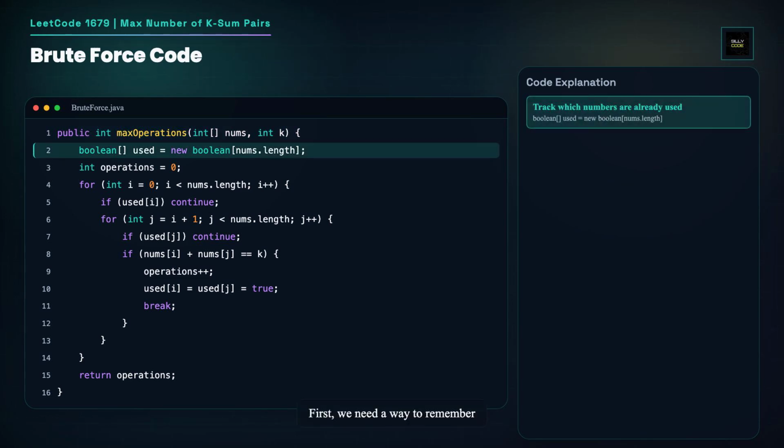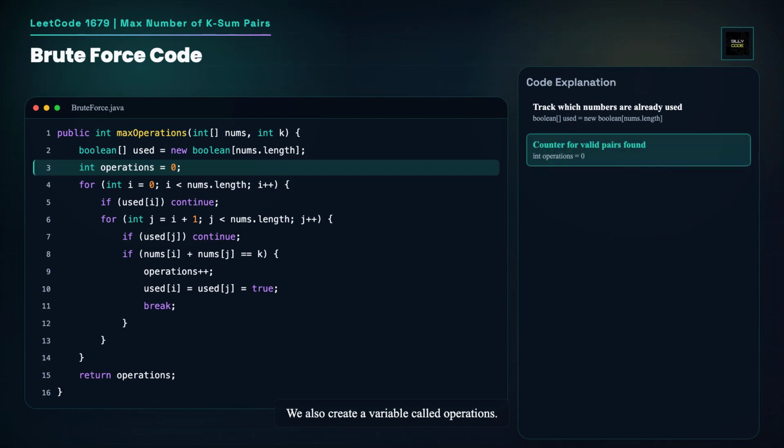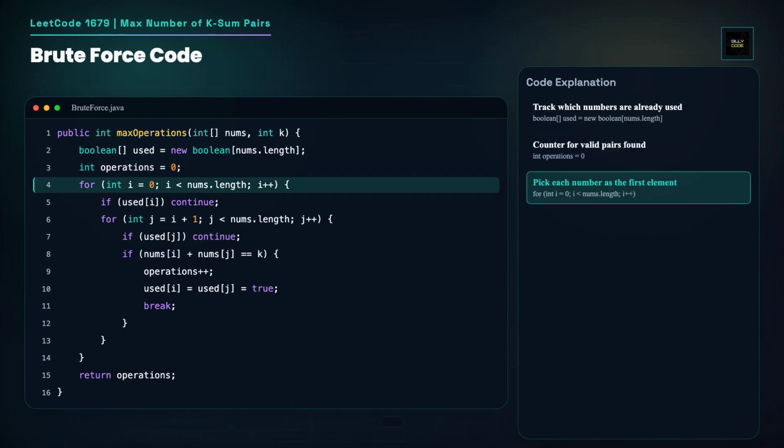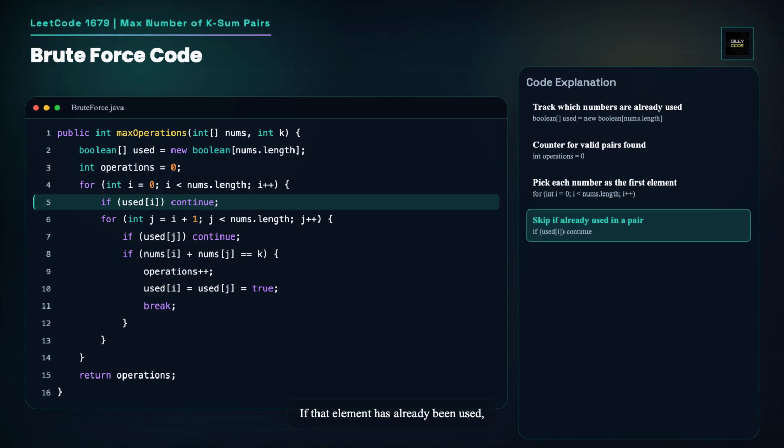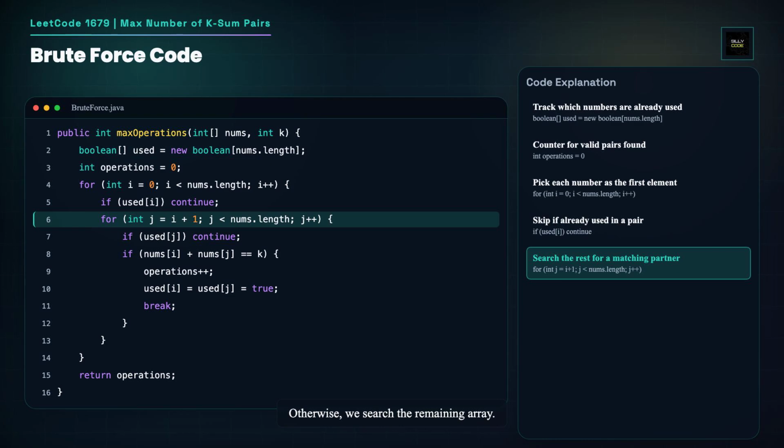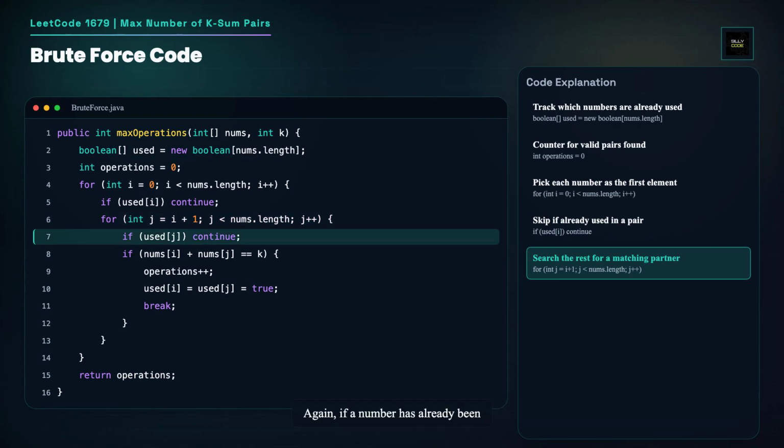First, we need a way to remember which numbers have already been used. One simple approach is to keep a Boolean array called used. Initially, every value is false. We also create a variable called operations. Initially, it's 0. Now we start with the first element. If that element has already been used, we simply skip it. Otherwise, we search the remaining array. Again, if a number has already been used, we ignore it.